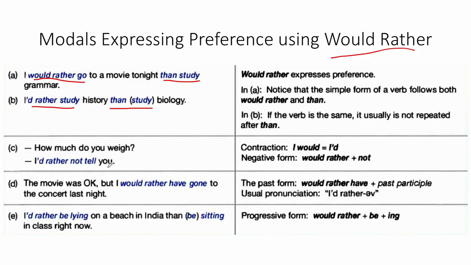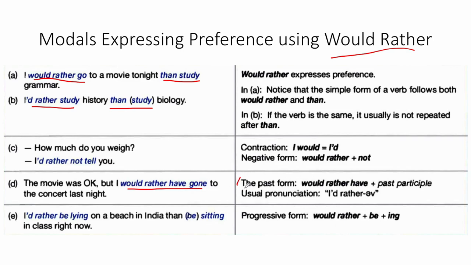Next example: the movie was okay, but I would rather have gone to the concert last night. Now in the two sentences before, we were talking about would rather in the present. In this sentence, we are talking about would rather in the past. This is how you do it. You use the modal would rather, followed by have, followed by the past participle of the main verb.